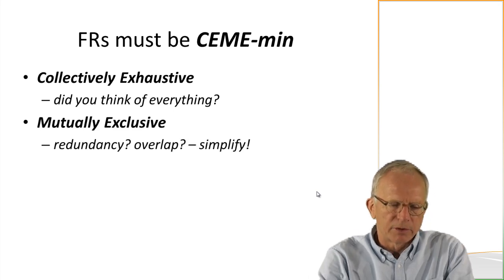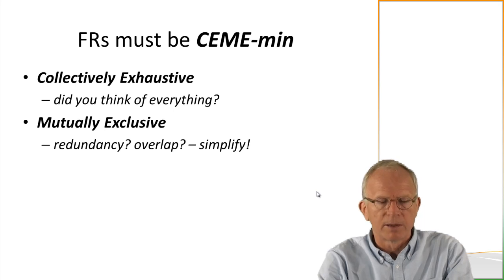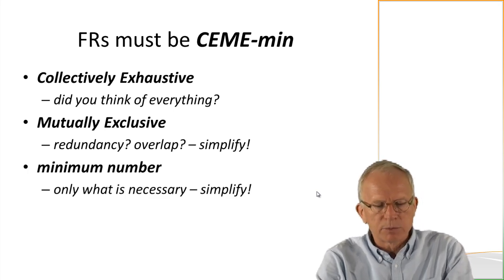So in my mind that comes first. Make sure you thought of everything. Mutually exclusive. Is there redundancy? Is there overlap? If so, then simplify. We don't want to satisfy 2 things. We want the FRs to be all independent, so they have to be completely mutually exclusive. And then the last one is minimum number.